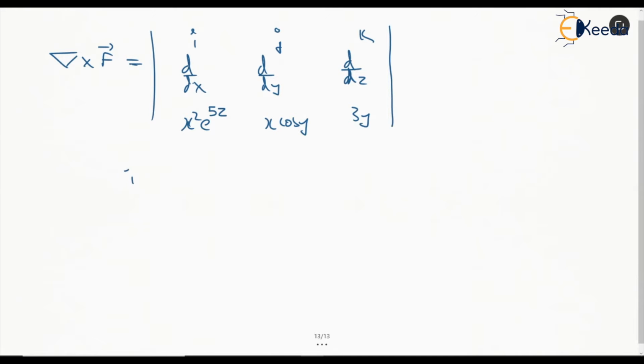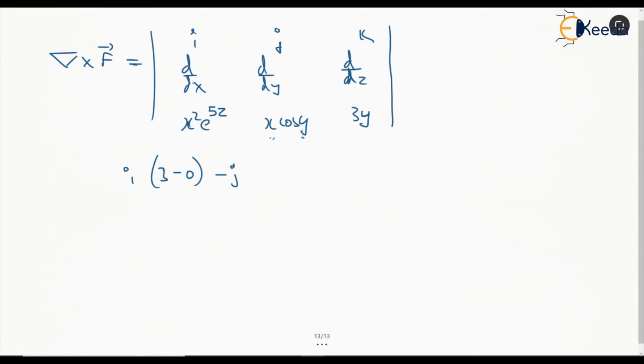So this i component is going to have d of 3y by dy, so this will be 3, minus d of x cos y by dz. There is no z in x cos y, so it will be simply 0.